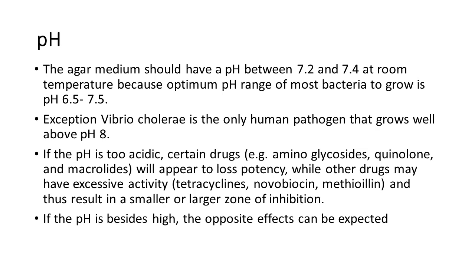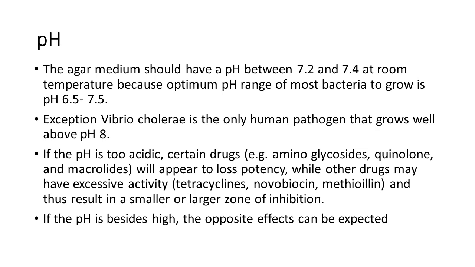If the pH is too low, that means acidic, certain drugs, aminoglycosides for example, will appear to lose potency. That means in acidic conditions some drugs lose their potency, that means their strength.